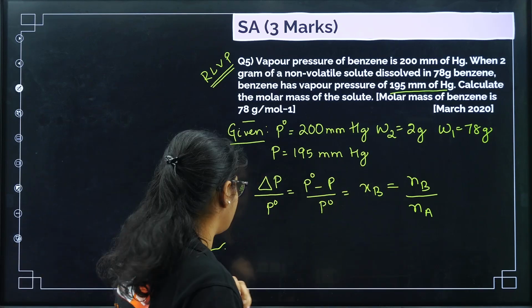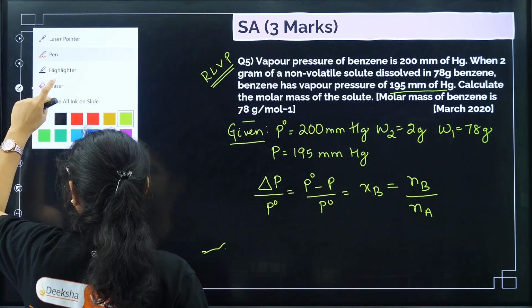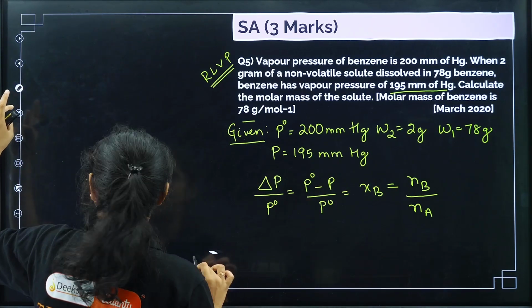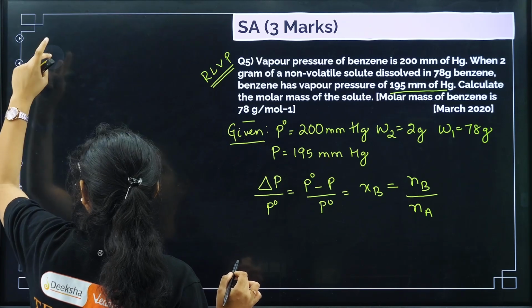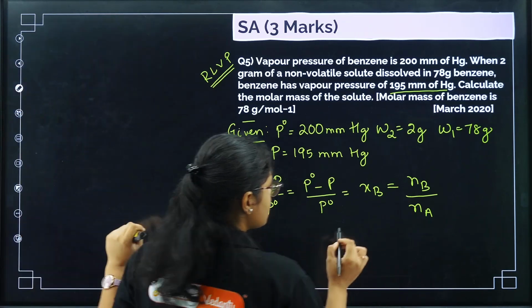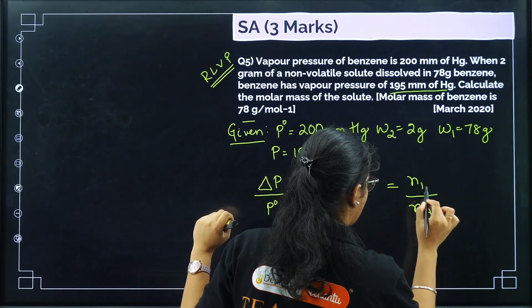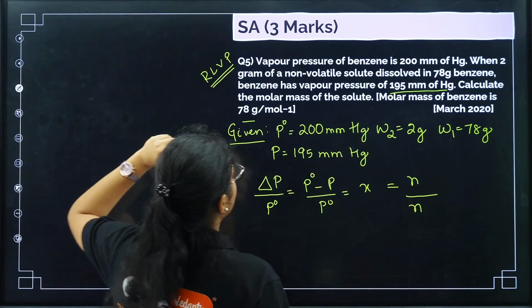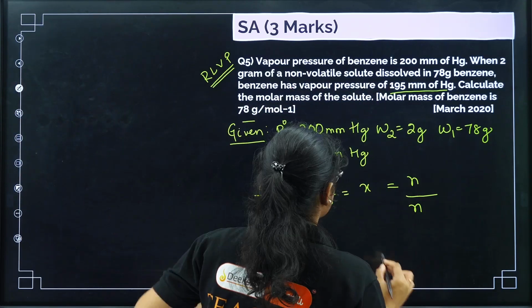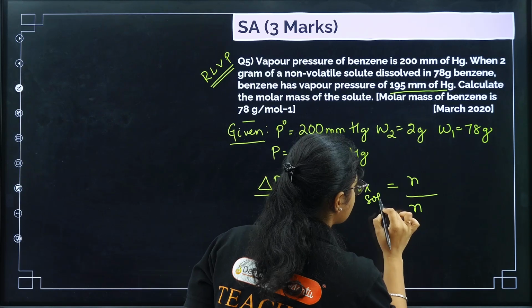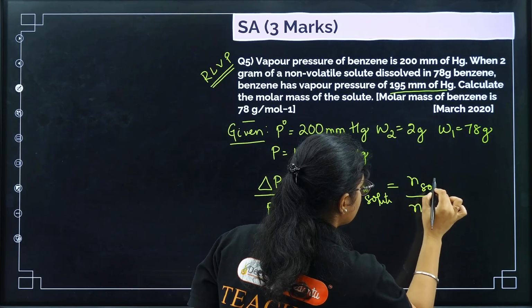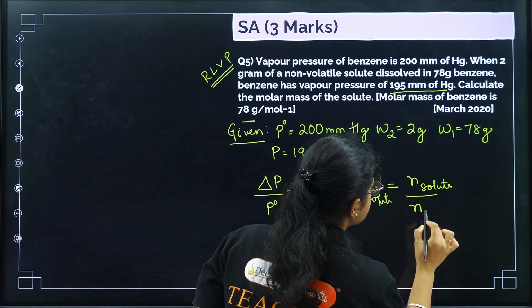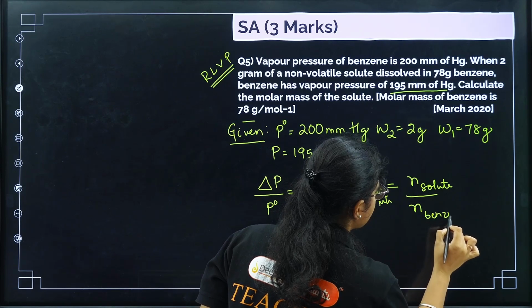So we'll get this formula. So now we need to do some prior calculations. Instead of NB and NA, I will write the names of the solute and solvent, right? That will be more clear. So here it is solute, and here the solvent is benzene.